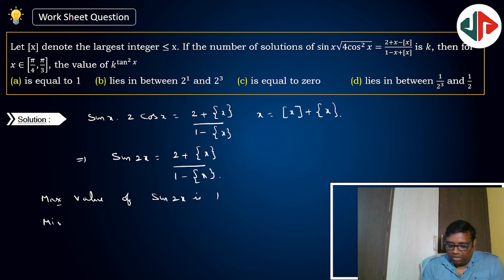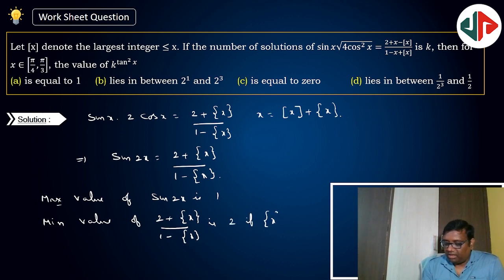And the minimum value of 2 plus fraction part of x by 1 minus fraction part of x is 2, when the fraction part of x is 0, because the fraction part of x always lies between 0 and 1. So the maximum value is 1 and the minimum value is 2, which means no value of x will satisfy this condition. That is why the number of solutions of this equation is k is equal to 0. So 0 power tan square x is always equal to 0.